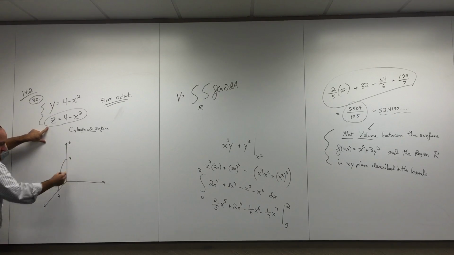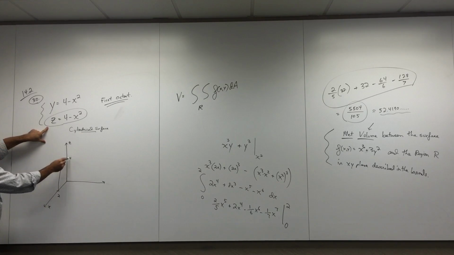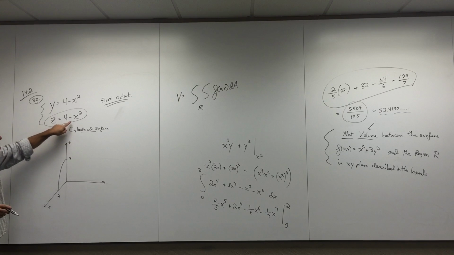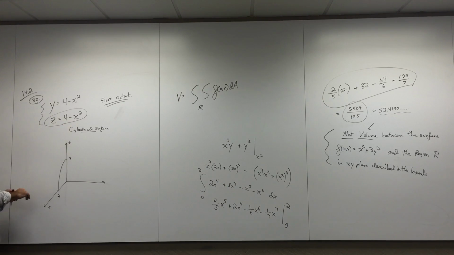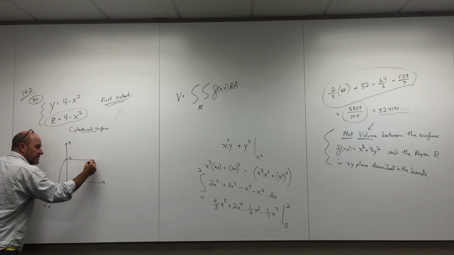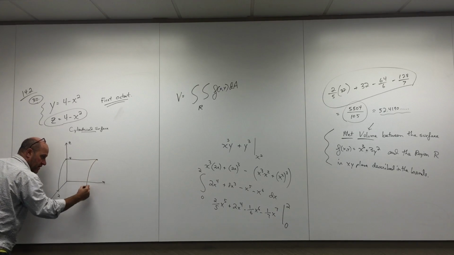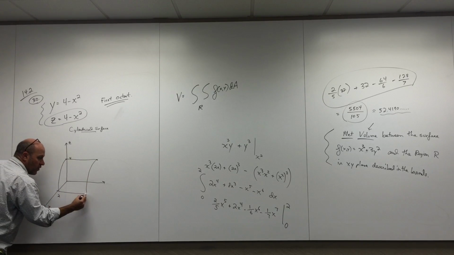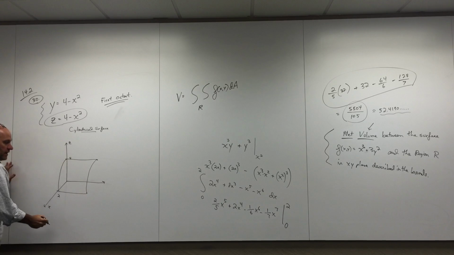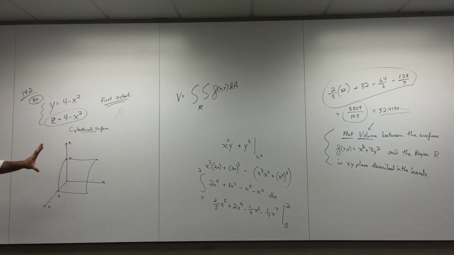It's coming down and it hits the x-axis at 2, the z-axis at 4, and look, who's missing here? The y variable is missing. If the y variable is missing, this shape runs parallel to the y-axis. So it runs forever parallel to the y-axis. That's that shape.